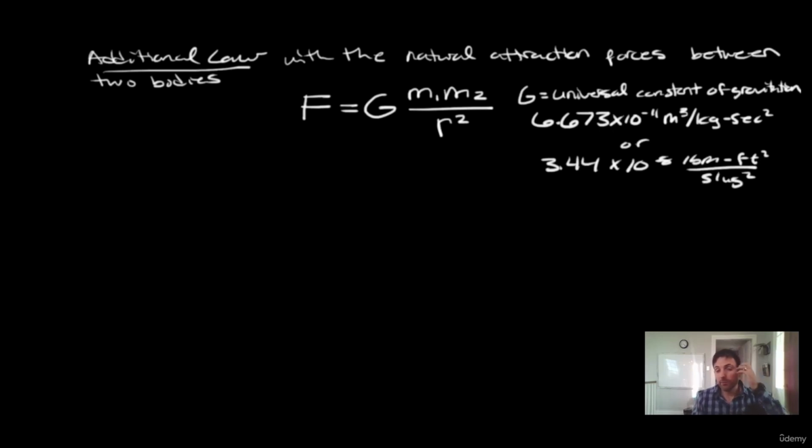So this universal constant of gravitation is multiplied by the mass of one object and the mass of the other object.